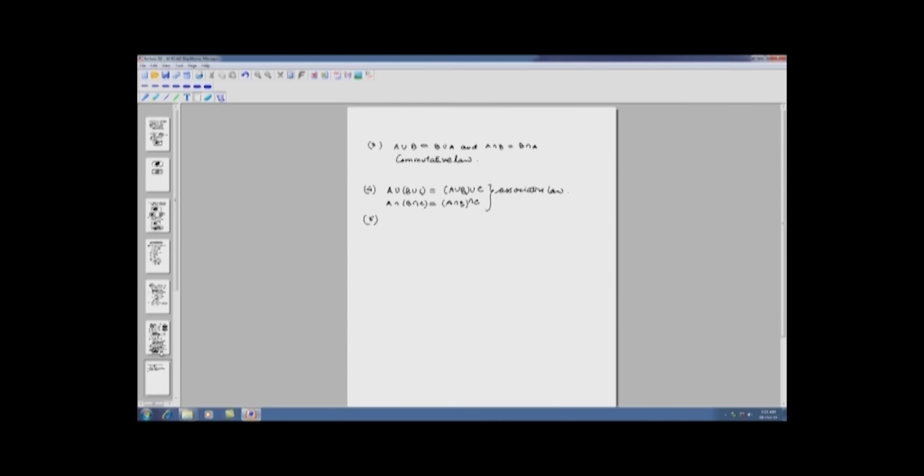Five, A union B intersection C is equal to A union B intersection A union C, and A intersection B union C is equal to A intersection B union A intersection C. These two together are called distributive law.